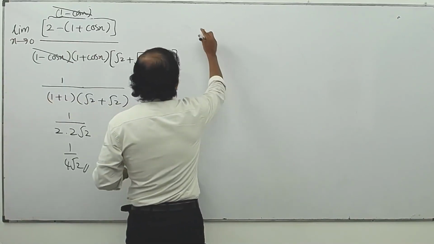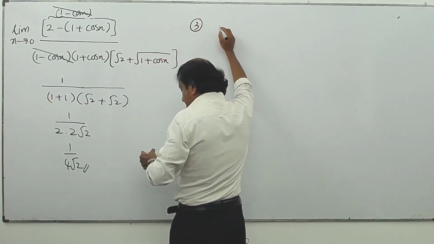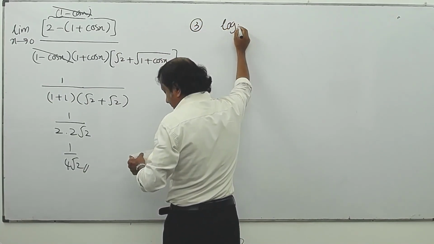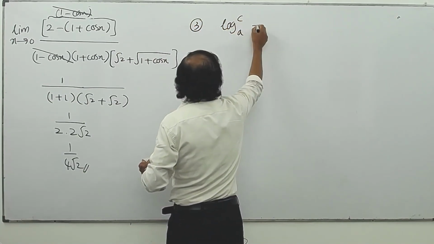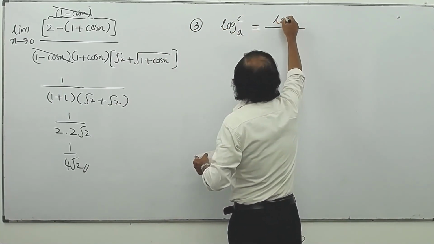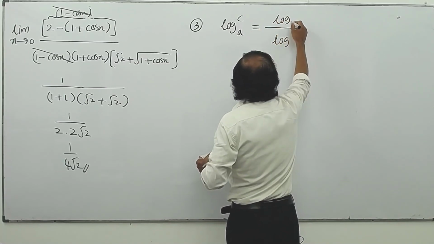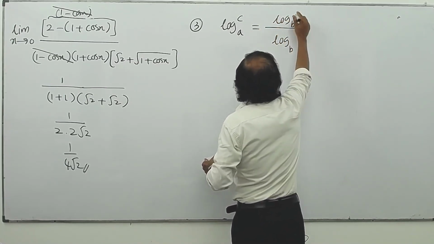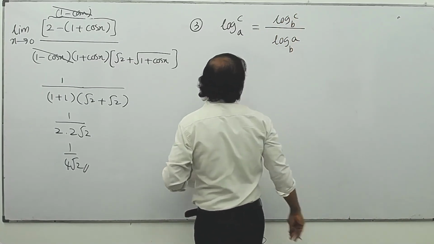Question number 3. A, B, C real numbers, it asks you to show this: log c to the base a equals log c to the base b into log b to the base a, right?